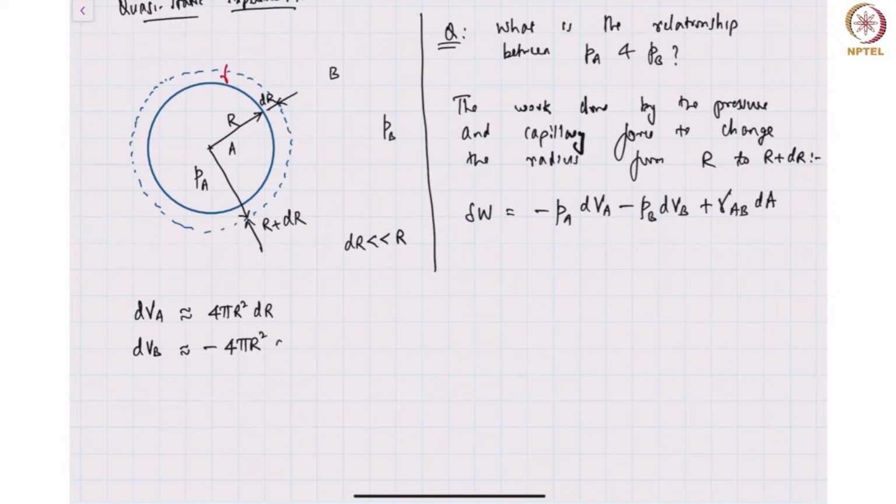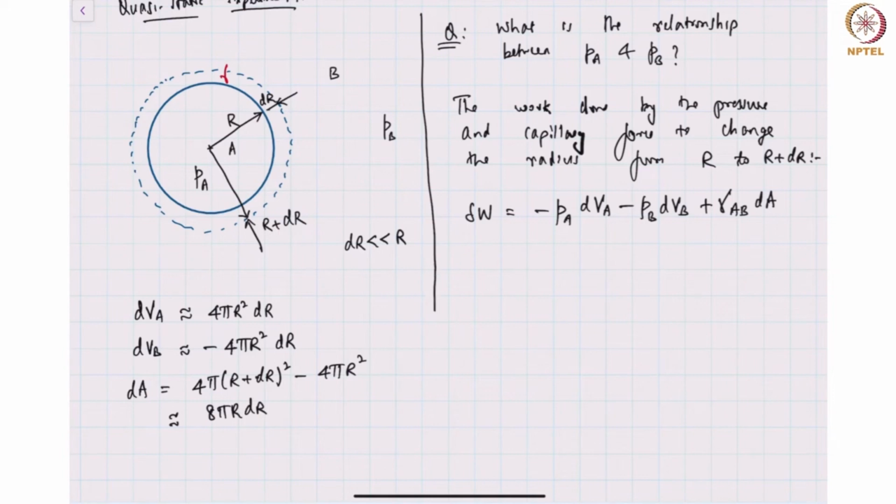As shown in the figure, the volume of A is increasing and the volume of B is decreasing, therefore there's a minus sign. And I can similarly write down the change in the area. It would be 4 pi (r plus dr) square minus the initial area 4 pi r square. If I ignore dr square terms, then I have 8 pi r dr, right?